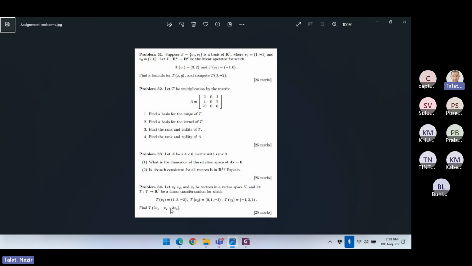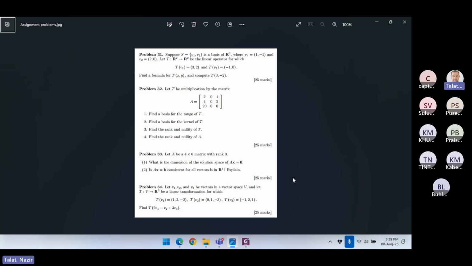We know that if T is a linear operator, it will be equal to 2 times T of V1 minus 1 times T of V2 plus 3 times T of V3. And we know that T of V1, T of V2, T of V3 are available. Just plug in those values and we can simply compute this value.